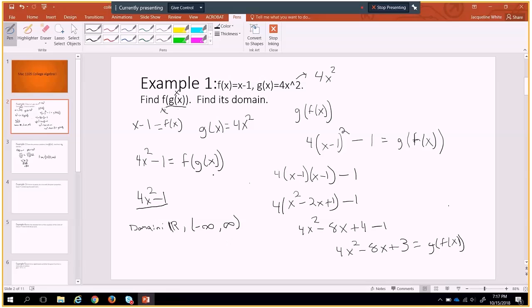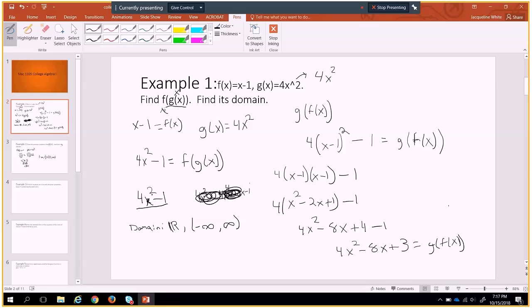Polynomials are expressions like 4x cubed, 4x to the fourth plus 2x minus 1, and so on. Something that has an exponent, something raised to an exponent.